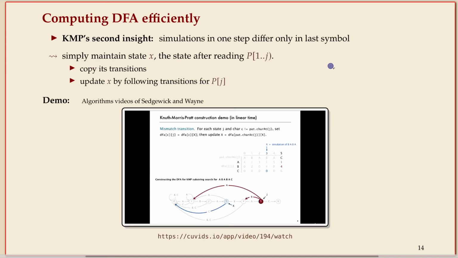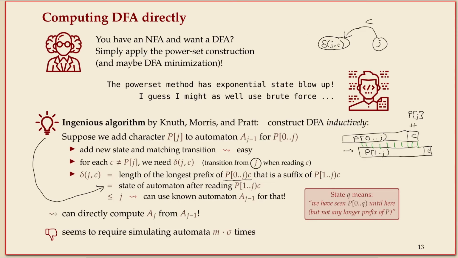And there's another little trick. The second insight from this algorithm is that we don't have to run this automaton from scratch, because if you did this simulation, it would always start with the same prefix, P1 up to J, and only the last character differs. We have different characters C, so we need a different arc here for the different characters in the alphabet that are not the correct one.